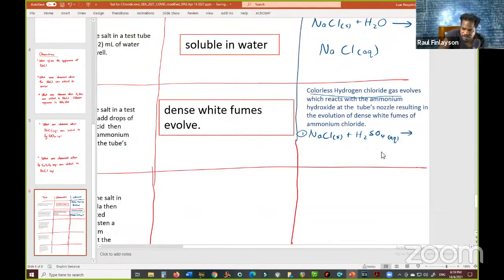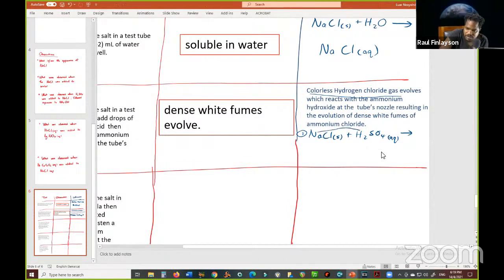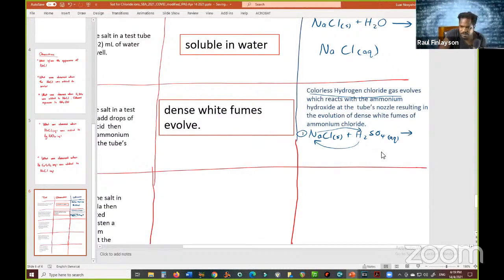Sodium sulfate. And as I tell you, in reactions, this is what you call a substitution reaction. It's actually a double substitution. So sodium comes over here and hydrogen comes over here. All right. And so you're going to end up with this HCl. This is the gas that comes off.